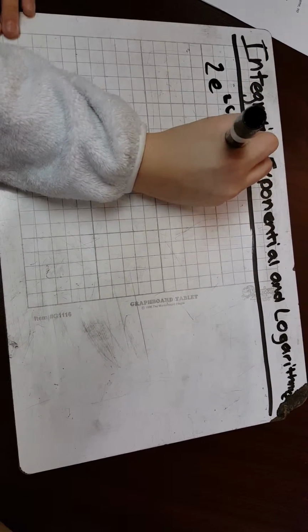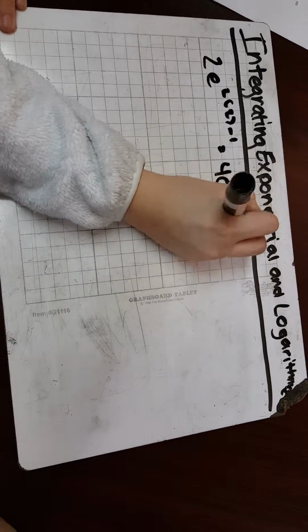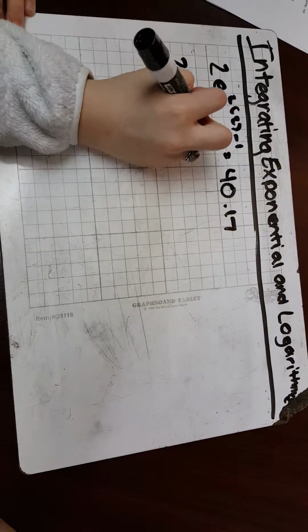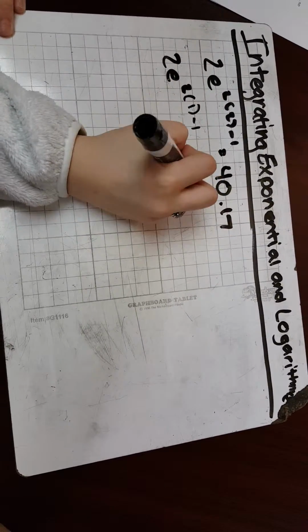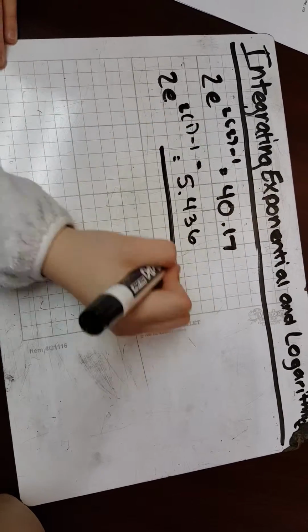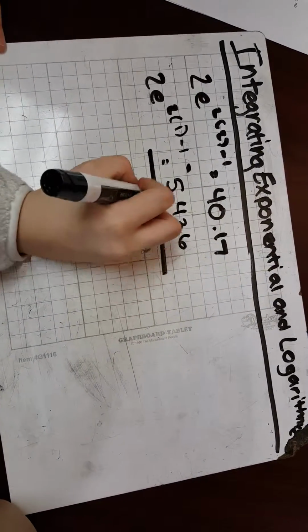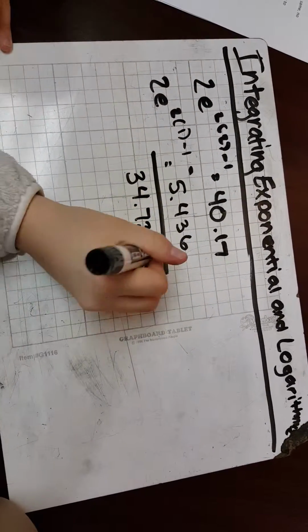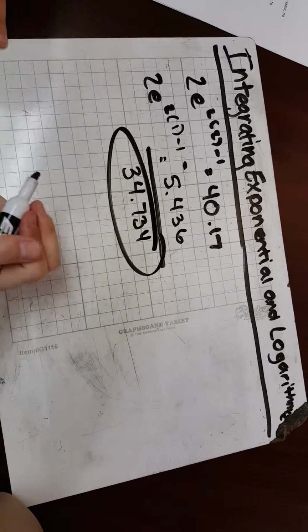I kept that as 2 because it makes it a prettier number. 2e to the 2, 1 minus 1 is 5, 4, 3, 6. So from here, subtract these two, and you should get 34.734. Now this is what you get. You always get a number if you do definite.